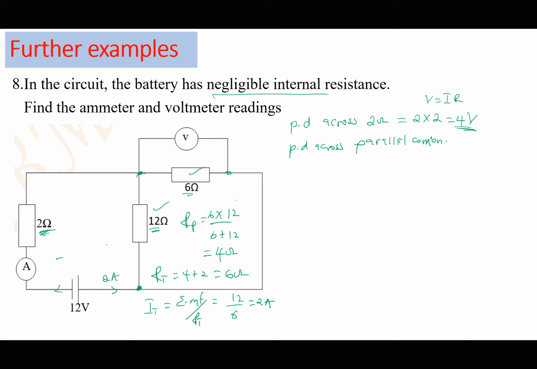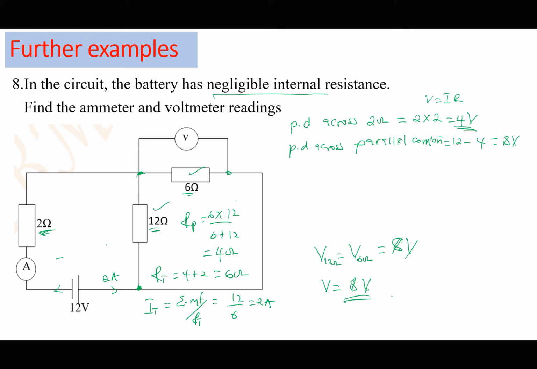From the power supply of 12 volts, I'll remove the PD across 2 ohms, and the balance, which is 8 volts, is the PD across the parallel combination. So the PD across 12 ohms is the same as the PD across 6 ohms because they're in parallel, which is equal to 8 volts. So the reading of the voltmeter is simply going to be 8 volts.